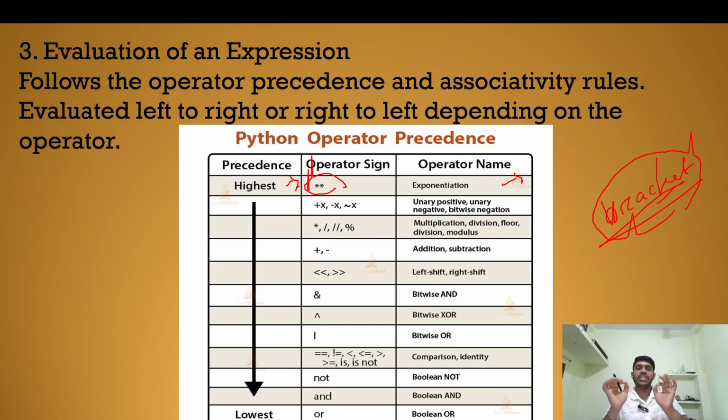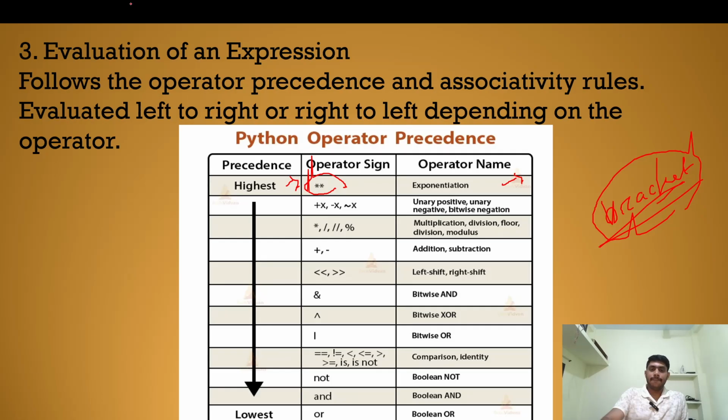It follows the operator precedence table and associativity rules, evaluated left to right or right to left depending on the operator. When you solve the expression, whether you go left to right or right to left depends on the operator and the associativity rule. So, what is the associativity rule?